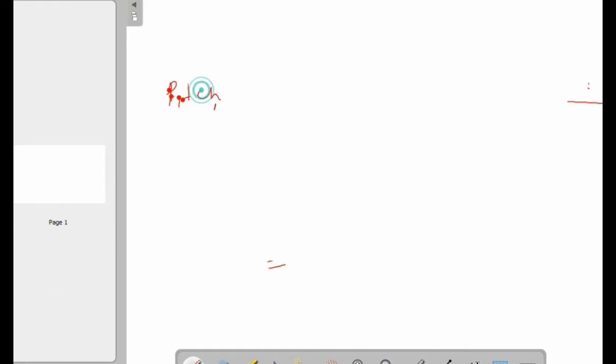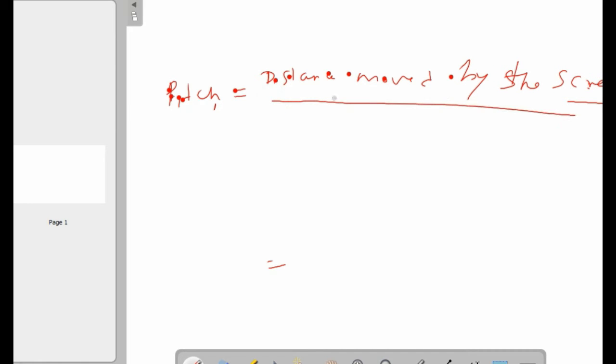Pitch is the distance moved by the screw divided by number of rotations.